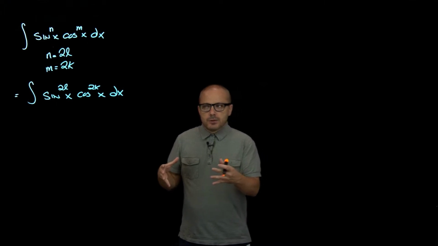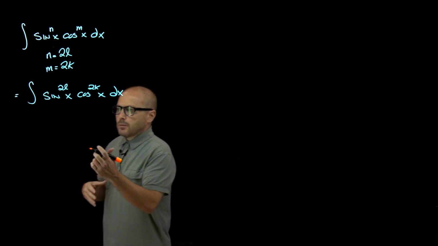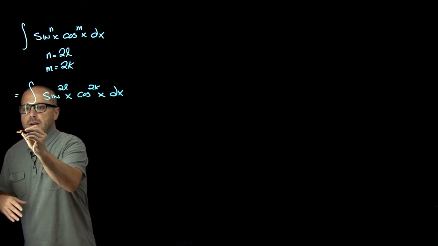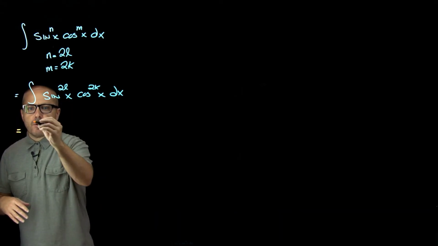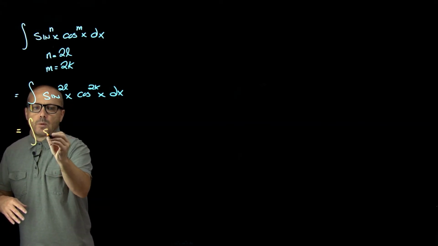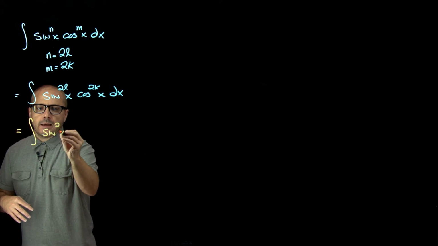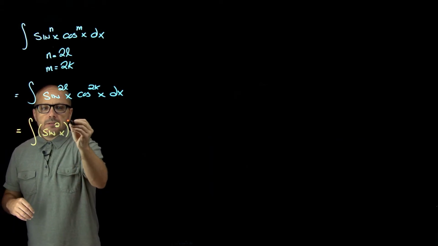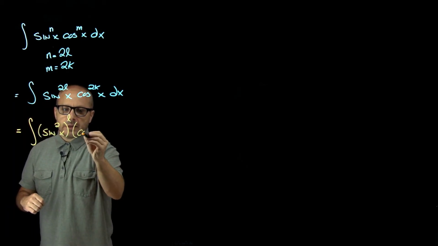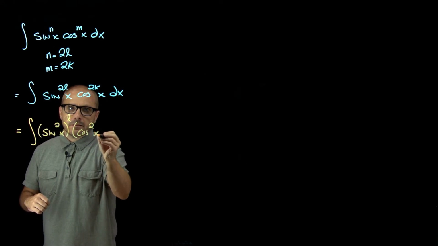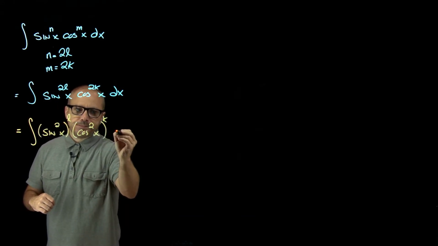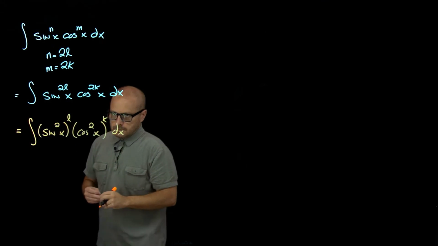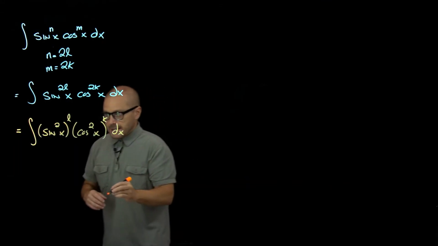Now that technique we used before is not going to work. So what we need to do is, since these are both even, we can write them as even powers of sine and cosine to some power. And then we can use our other identity.